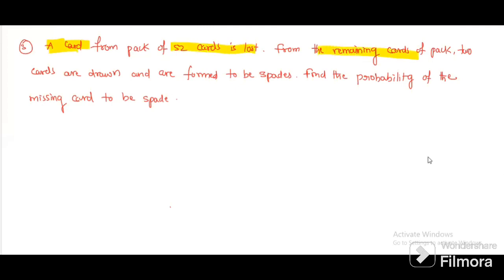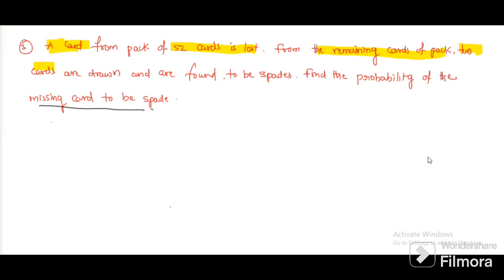From the remaining cards of the pack, 2 cards are drawn and are found to be spades. Find the probability that the missing card is a spade.